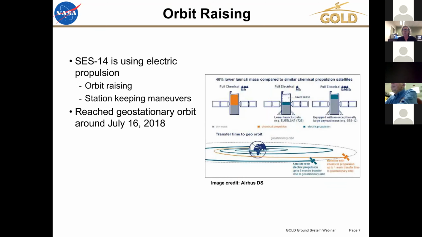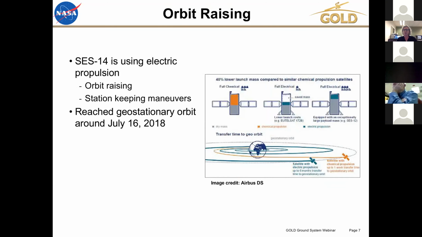If you use traditional chemical propulsion, or rocket fuel burning, it only takes about 2 weeks to reach geostationary orbit. So you can see from the end of January to July 16th, that took almost 5.5 months to reach orbit.